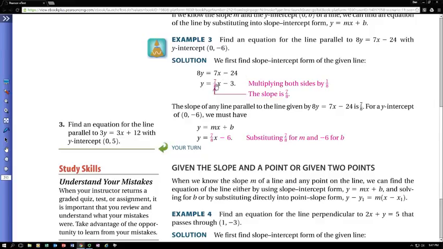So I get 1/8 times 7 times x, which is 7/8 x, minus or times a negative 24, and I get 24 over 8, which is really, I wouldn't even say it that way because 24 is 8 times 3. So I get 8 over 8 times 3, which is 3. So I get this slope-intercept form.